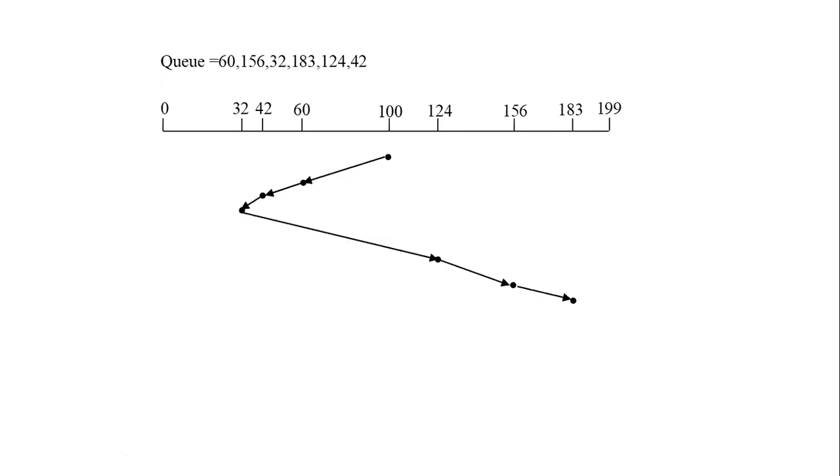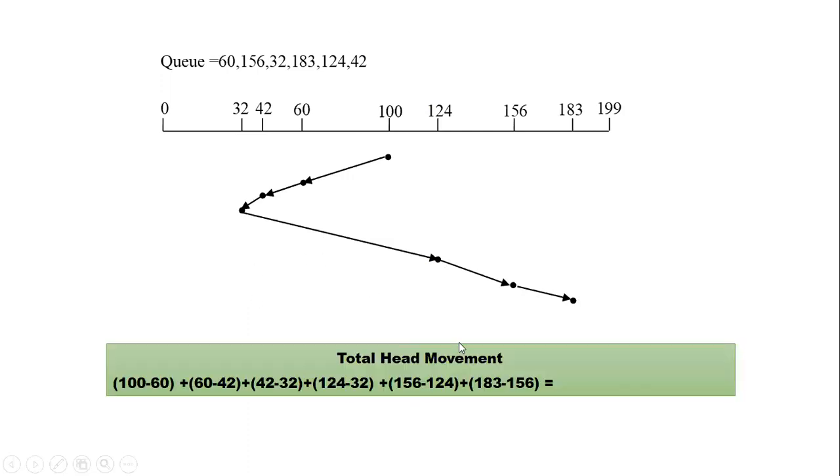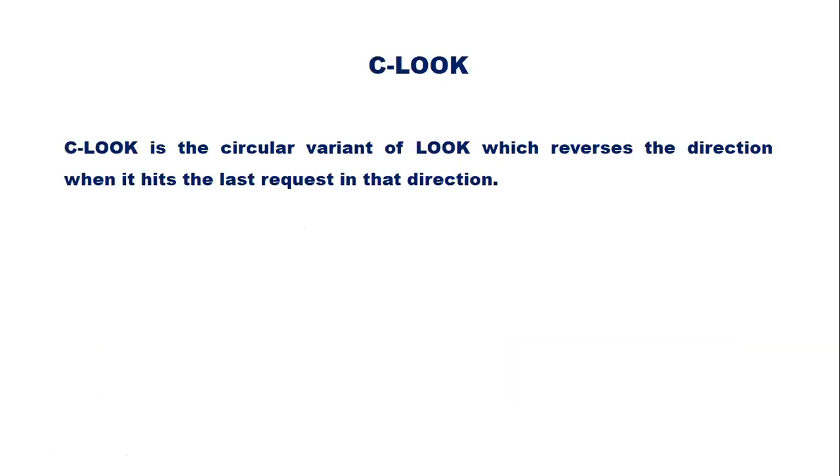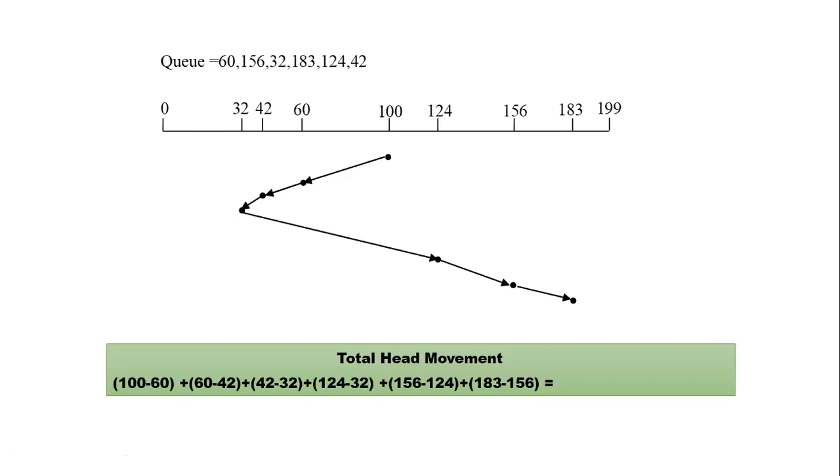So it is a variation of the scan algorithm. So let us compute the total. Hence the total head movement is 219 cylinders.